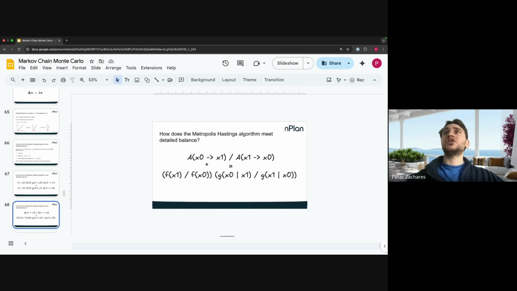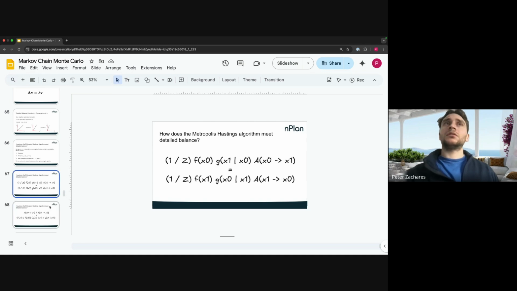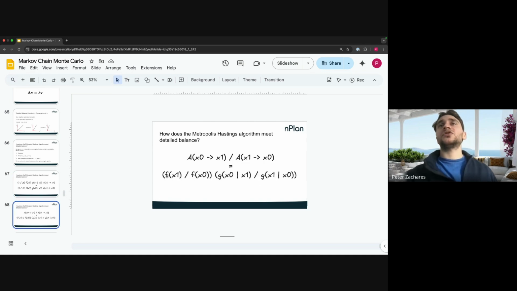So next step is I'm just rearranging the equation. Now you have the acceptance probability of going from x naught to x1 divided by the acceptance probability of going from x1 to x naught is equal to these two fractions. f is the unnormalized function for the distribution we want to sample from, and g is the distribution that we chose for sampling.